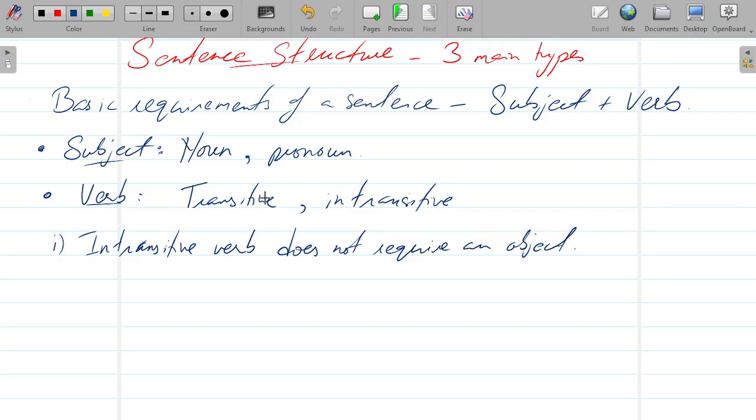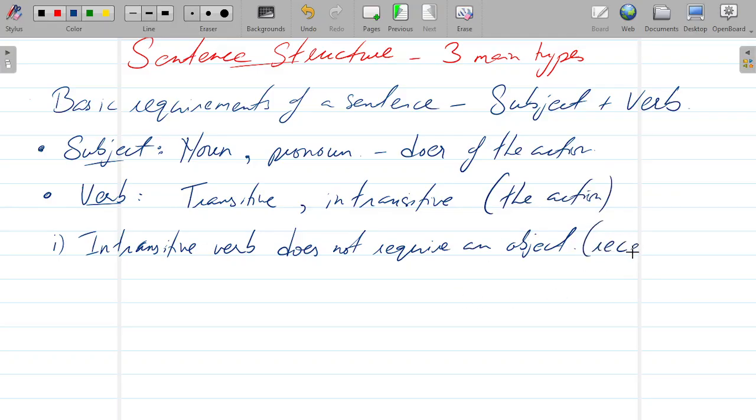Right, so in terms of the verb, the subject is the doer of the action. The verb is obviously the verb, that is the action. And the object is the receiver of the action. Right? And so intransitive verbs do not need an object.